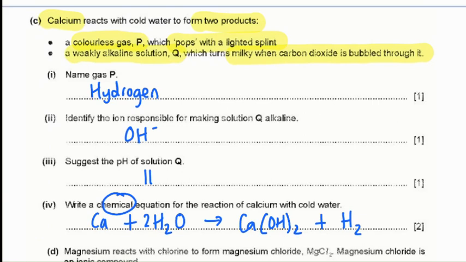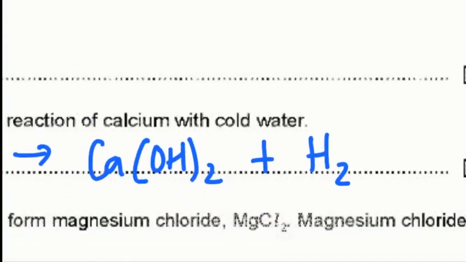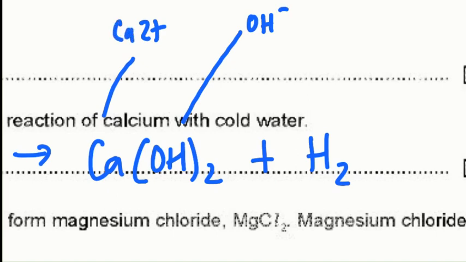Let's have a little look at why calcium hydroxide is written the way it is. Don't forget that calcium is in group 2, so it's a +2. Each hydroxide we know is OH1 minus. So we need this to react in a 1:2 ratio because we need 2 hydroxides.